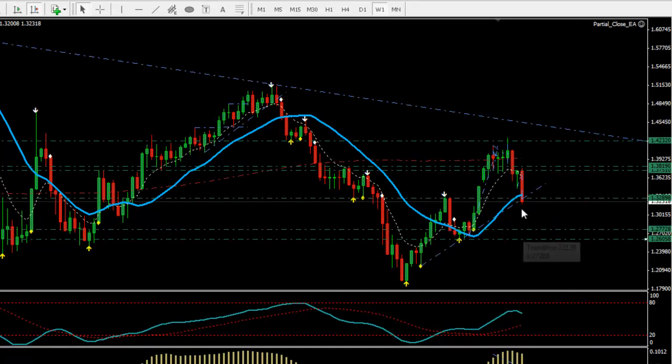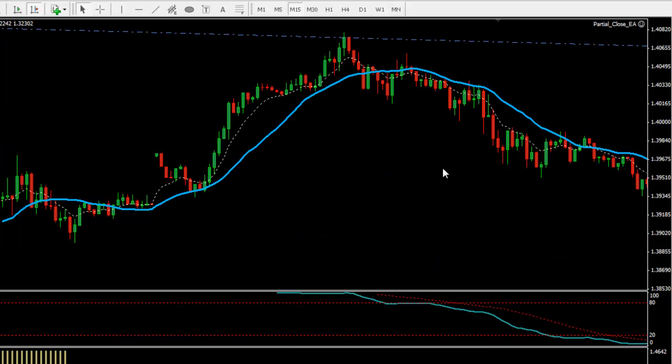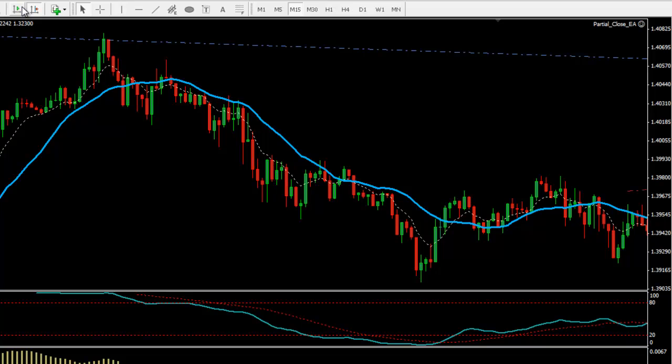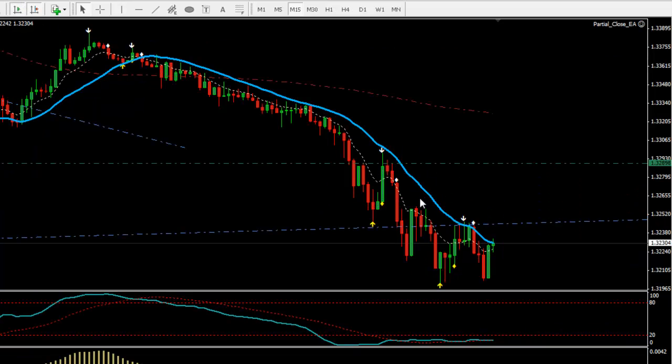And this area here is just clean air all the way down to here. Down to this area is where we can look to target. And this is obviously a huge target. So you're very happy to be in on the first break of this trend line. And this is a 15-minute entry that gets you into possibly a 400, 500 pip move.